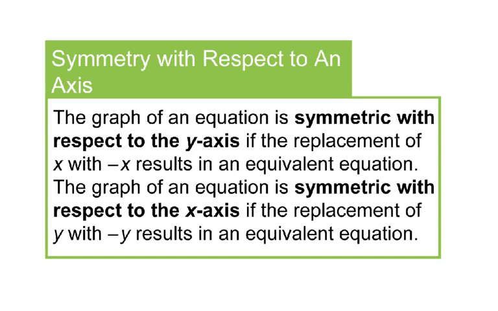If you have something that is symmetric with respect to the y-axis, this means you can replace your x with negative x, and your result is the equivalent equation to what you started with. And the same thing goes with symmetry with respect to the x-axis. If you replace your y with a negative y, and the result is the equivalent equation to what you began with, you've got symmetry with respect to the x-axis.